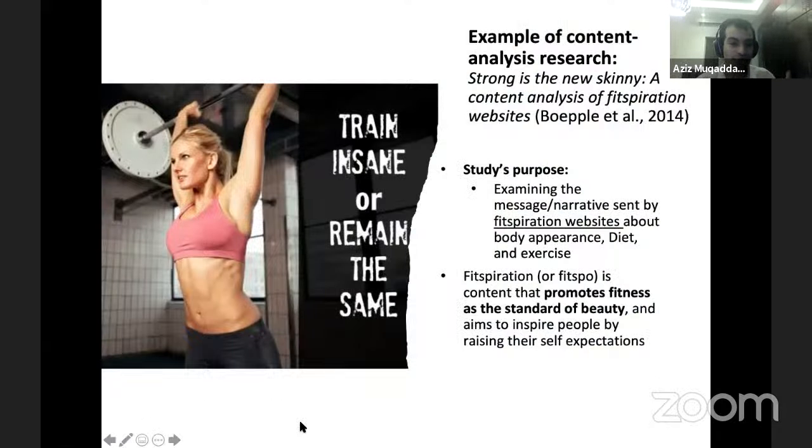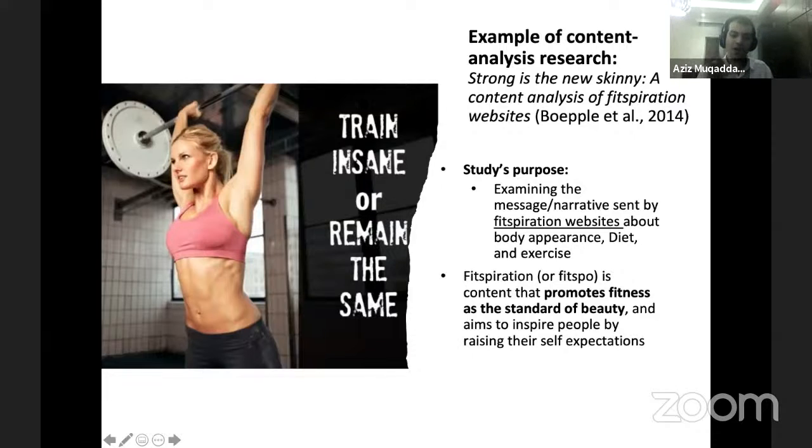So in order to make this point much clearer, similar to what I did earlier with literature review, I'm going to analyze an article that uses content analysis. The article I picked is called "Strong is the New Skinny: A Content Analysis of Fitspiration Websites" by Boepple and others, in 2014.